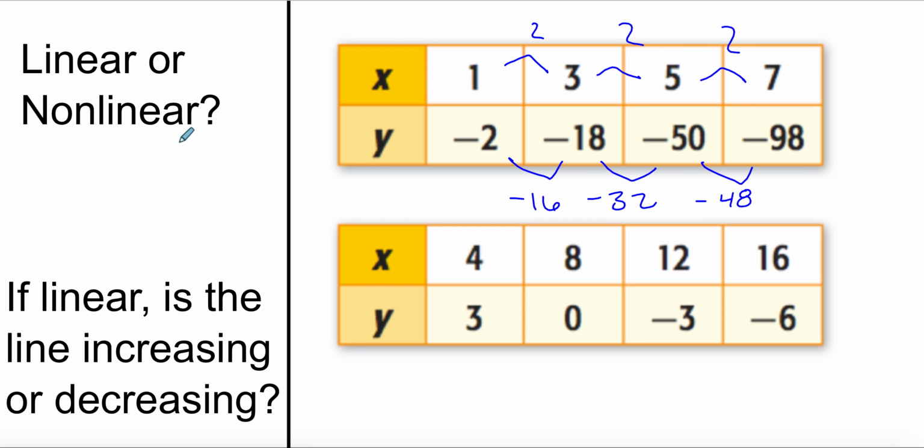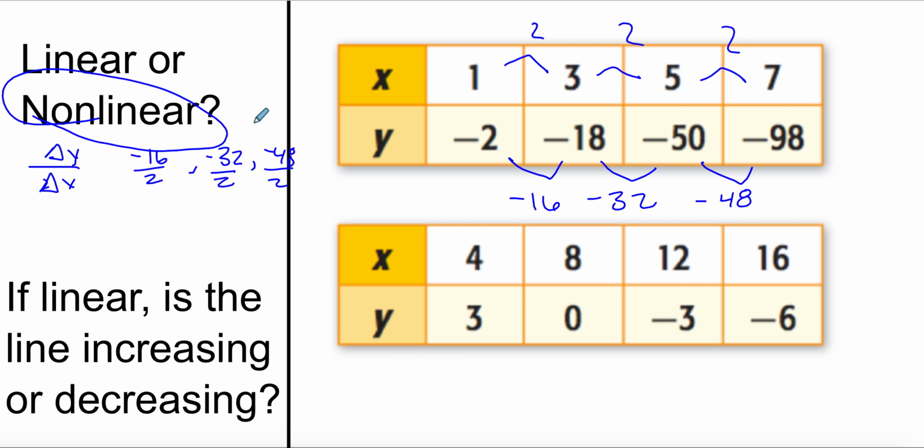When I set these up, my change in y over change in x was going to be negative 16 over 2, negative 32 over 2, and negative 48 over 2. This is not linear for this first problem, so I don't have to do the next step.